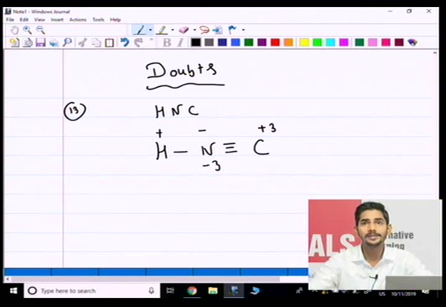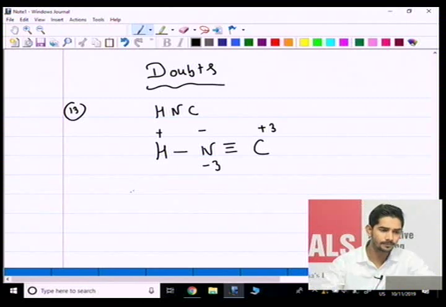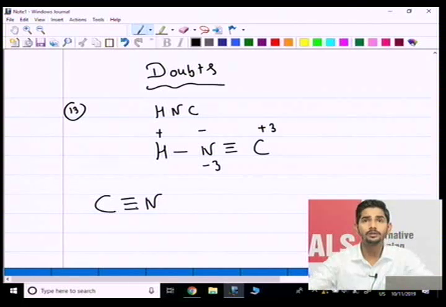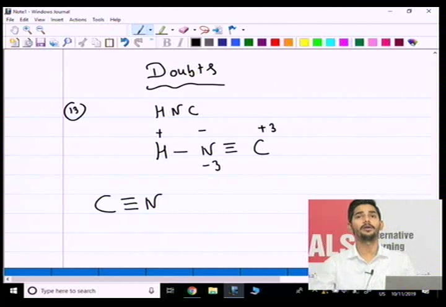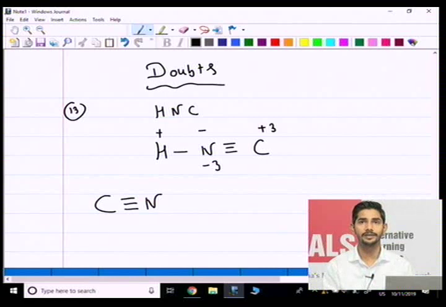But guys, please confirm once how CN looks like. Are all the 3 bonds equally shared, or is there any dative bond as well?